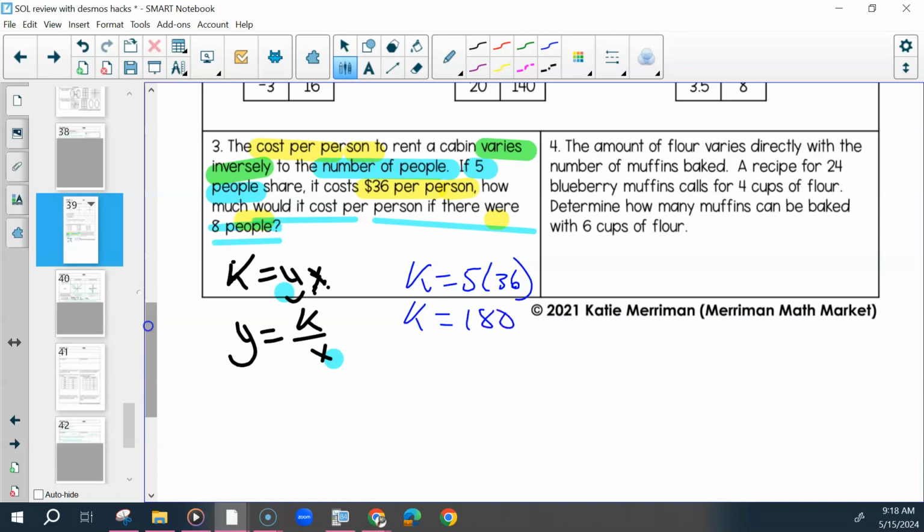So once you find your k, you can do one of 2 things. You can either set up your equation, put in the missing piece, and solve for that, or you can use Desmos. I will show both.